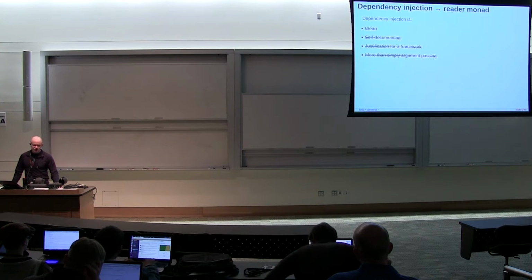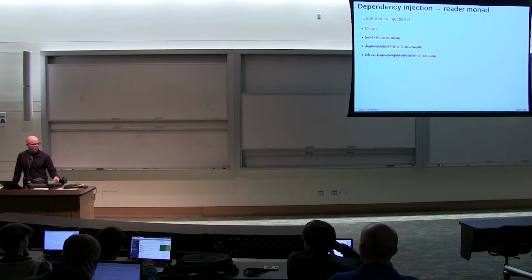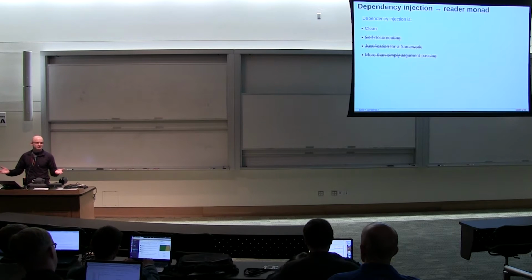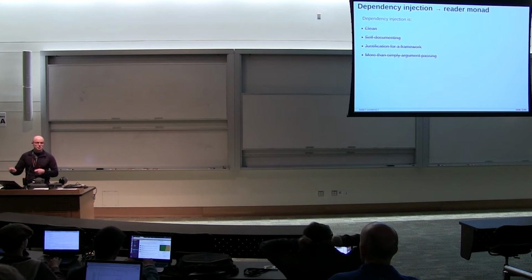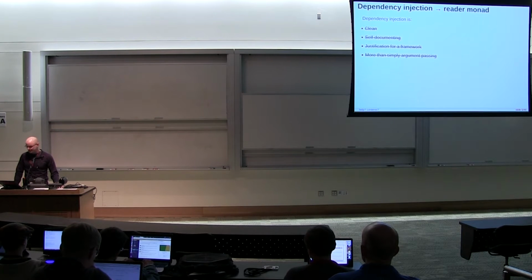It also tends to spin off into a huge, bulky framework that you have to use in addition to the code that you're writing. And for some reason, it presents itself as more than just passing an argument to a function. When we say dependency injection, what we're talking about is taking a function with an input and providing that input. So it actually doesn't need to be as complex as dependency injection makes it seem.